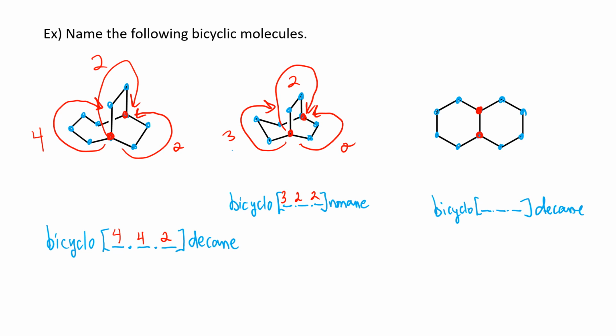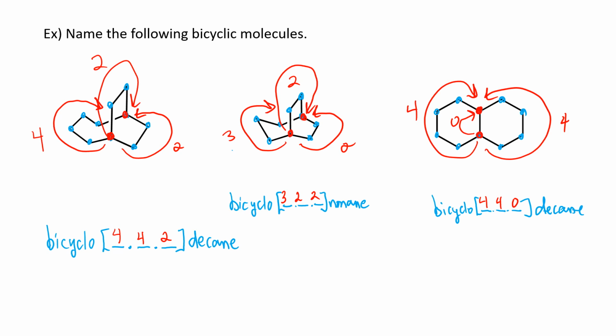We're going to count the carbons connecting them in each path. If we go around to the left, there are 4 carbons. If we go around to the right, there are 4. And if I go right from bridgehead to bridgehead, there are 0 carbons in that path. So I've got a 4, 4, 0. We call this bicyclo[4.4.0]decane.